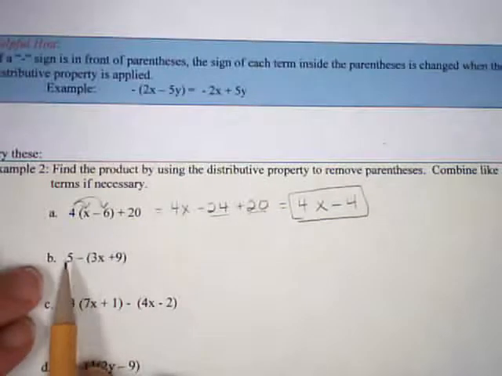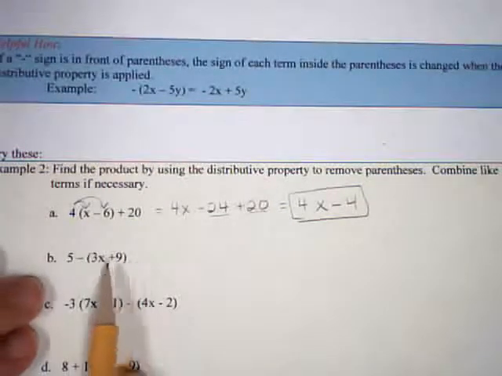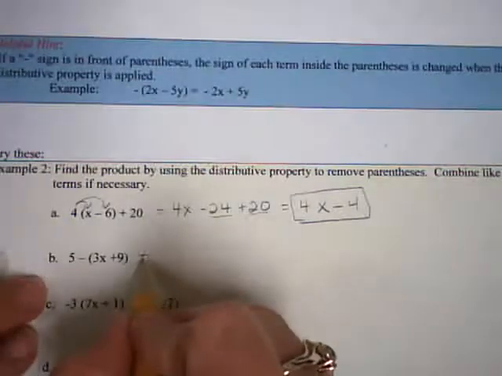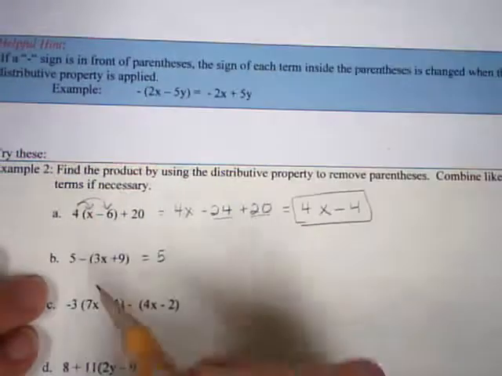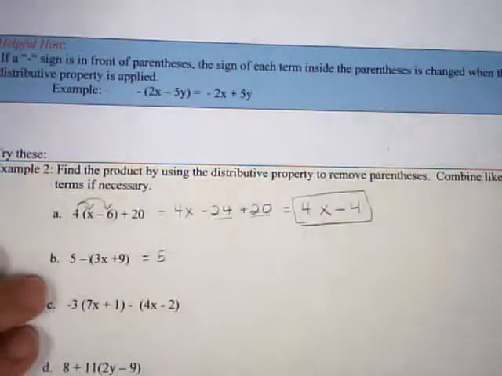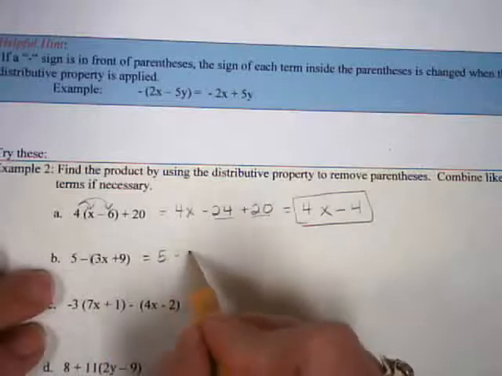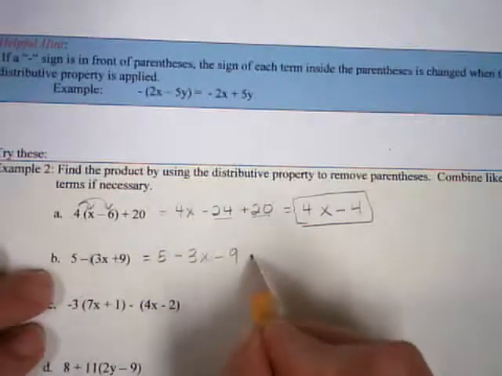On B, 5 minus (3x plus 9). Here's that negative you have to distribute again. So I bring the 5 over. You're not distributing the 5. Remember this is just like having a negative 1 in front of the parentheses. So that's going to change it to a negative 3x and also a negative 9.